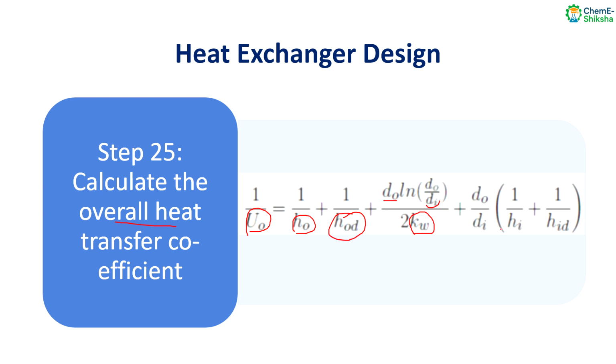Similarly, hi is the inside heat transfer coefficient, and h ID is the inside dirt coefficient. So from this equation we can calculate the overall heat transfer coefficient based on the tube side and shell side heat transfer coefficient.